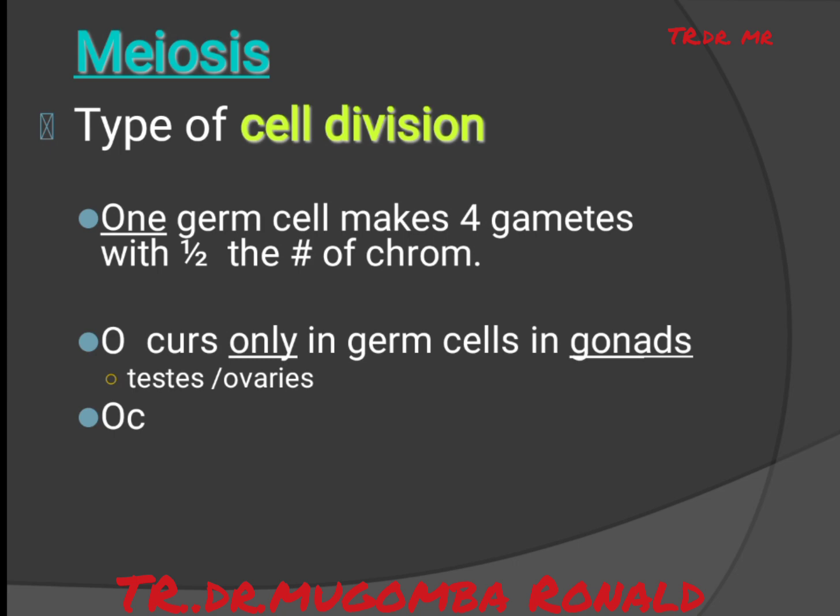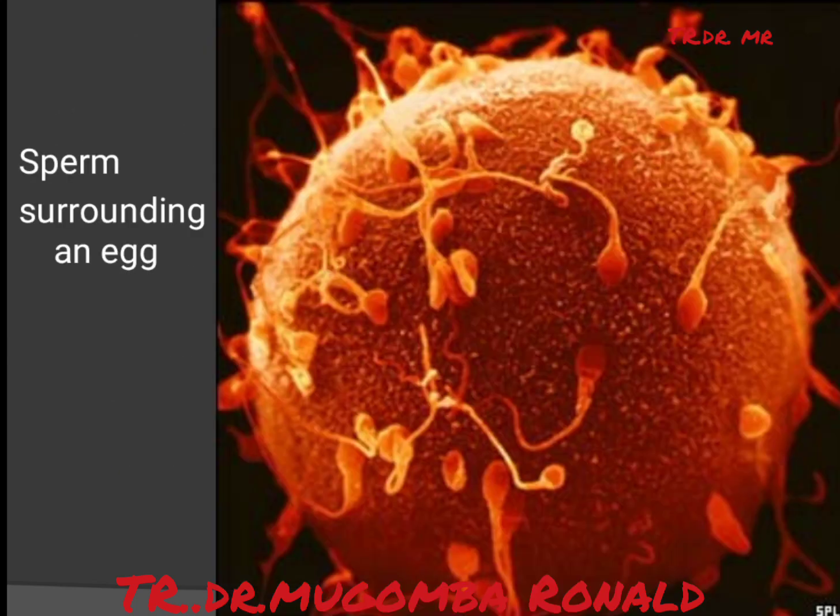It happens only in the gonads. Mitosis happens in the body cells, somatic cells other than the gonads. The gonads can be the testes and the ovaries in animals, and in plants, it usually takes place in the ovaries or the anthers.